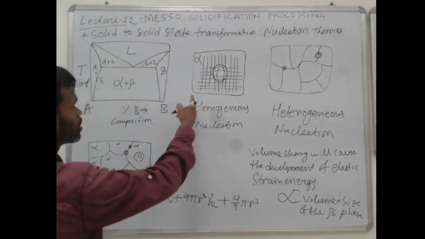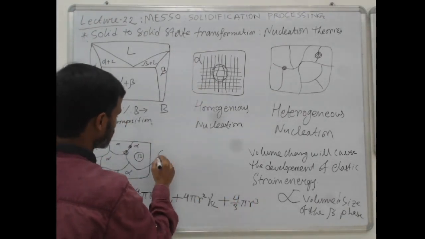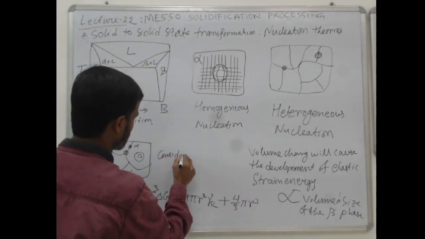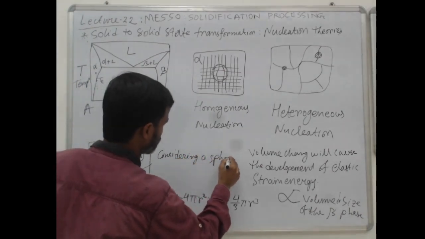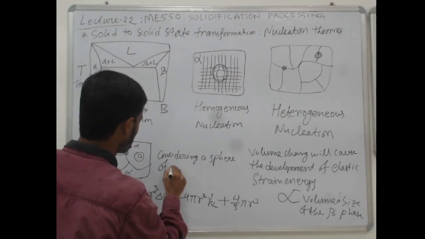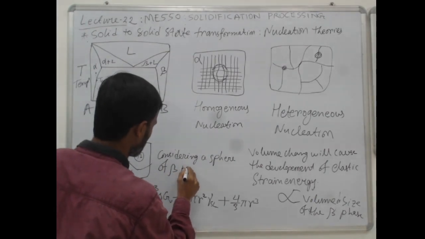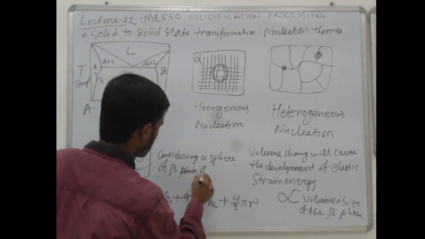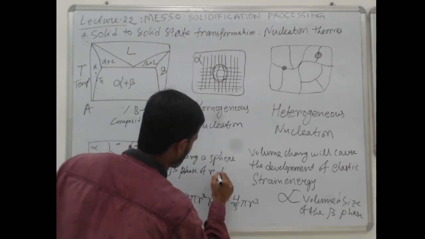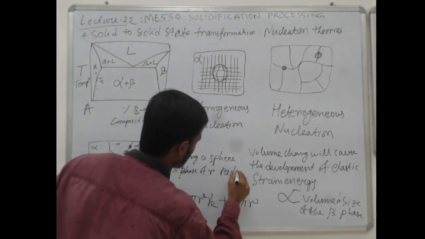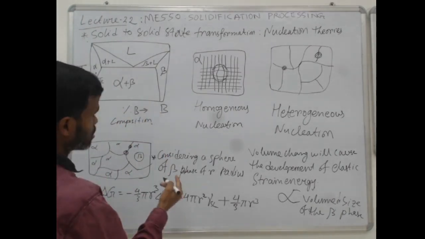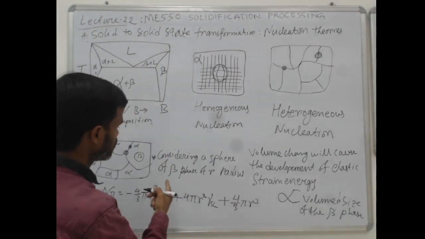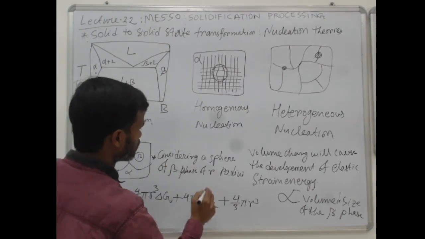Of course, we are considering a sphere of beta phase of radius r, and we are considering solid state nucleation.